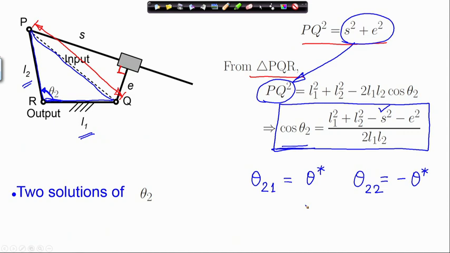If you have it in the second quadrant, if this is a solution, then this is also a solution.